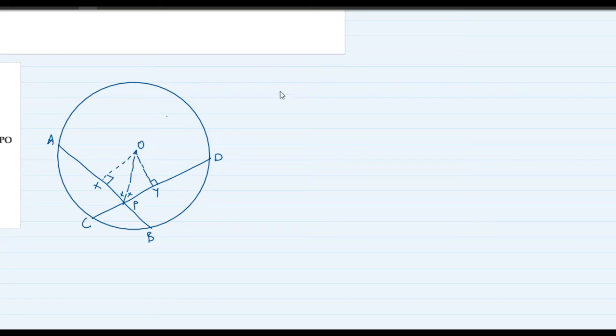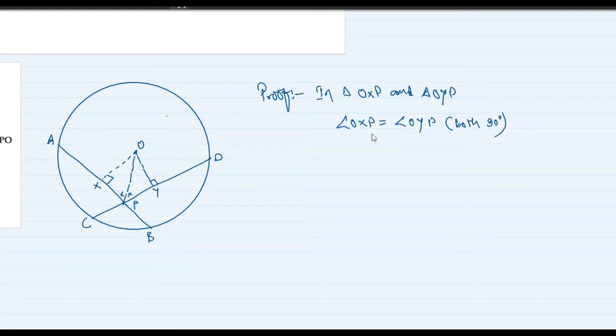Okay, so proof. In triangle OXP and triangle OYP, angle OXP is equal to angle OYP, both 90 degrees by construction.